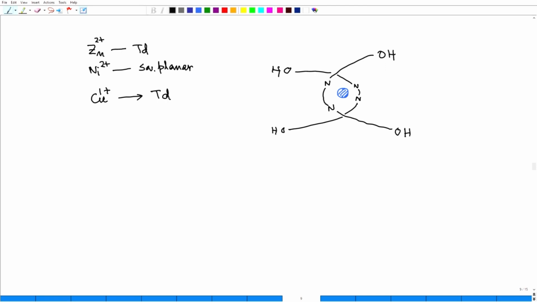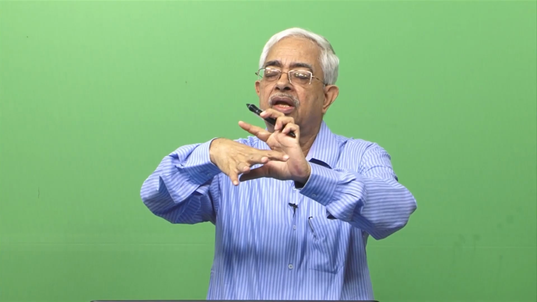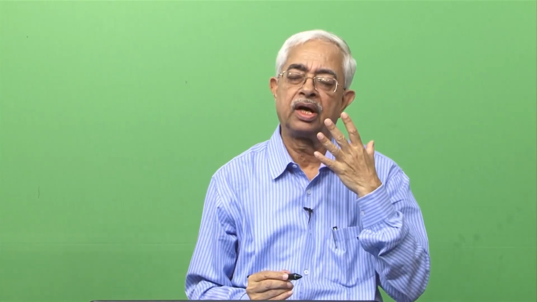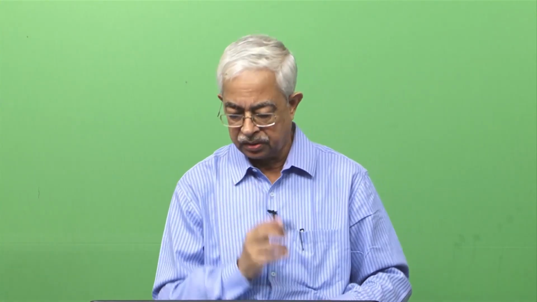Now we have tetrahedral coordination around copper. So, copper 1 plus here is acting as a kinetic coordination template. It is arranging the molecules in such a way that they bind in a specific manner. That is what we want.